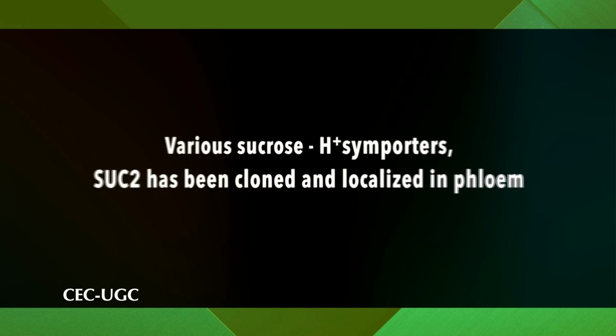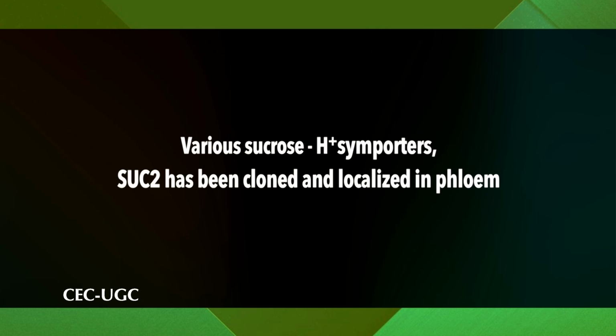H+ ATPases and sucrose H+ symporters are also co-localized in the plasma membranes of sieve elements. But this arrangement has not been found in the majority of the species. Among the various sucrose H+ symporters, SUC2 has been cloned and localized in the phloem.